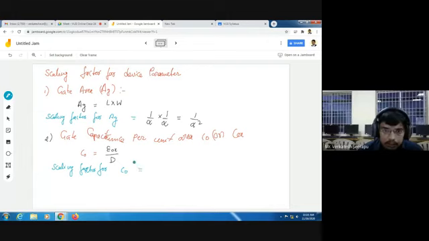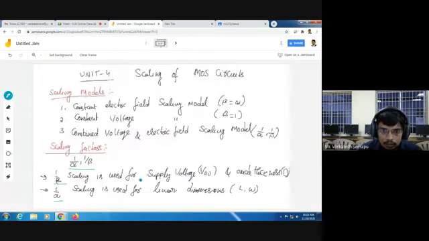So epsilon OX is a constant value, so there is no scaling factor. What is the scaling factor for oxide thickness, capital D? Only 1 by beta is the scaling factor for supply voltage and other voltages and oxide thickness.